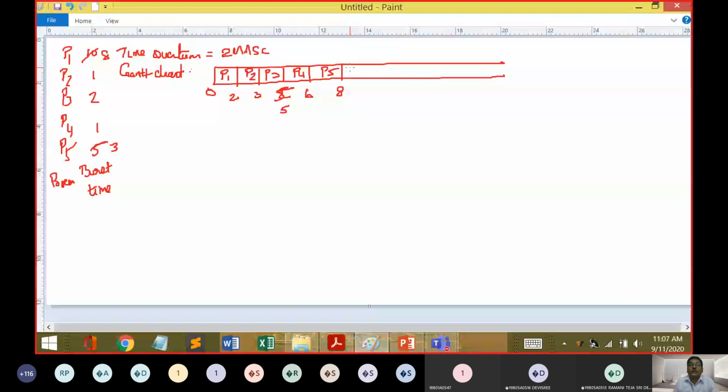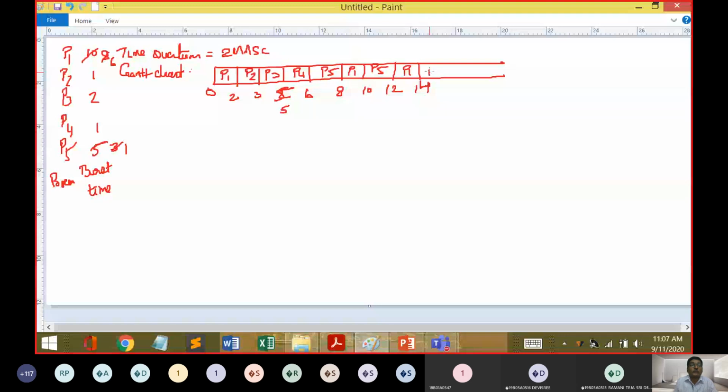So we write P1 for 2, up to 10. Next, 8 is reduced to 6 here, and we reduce 3 to 1. So 2 milliseconds we assume for P5, which is 12 here, followed by P1 up to 14, and P5 has the remaining time of only 1 millisecond, so it goes up to 15.